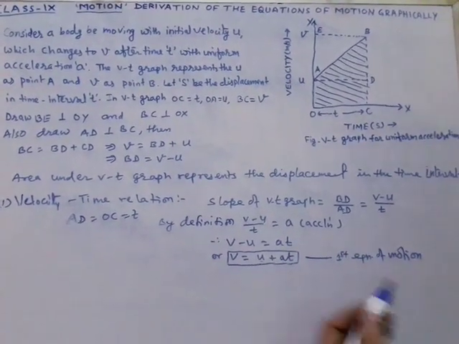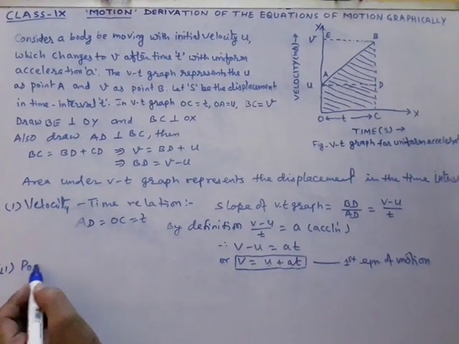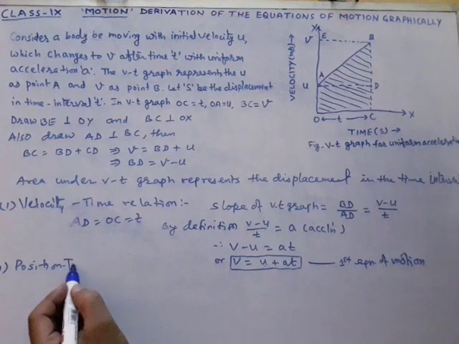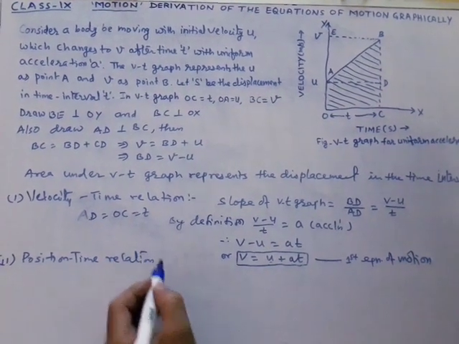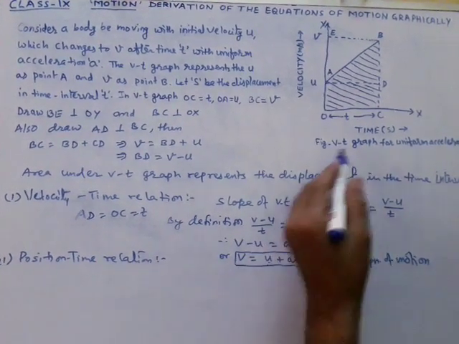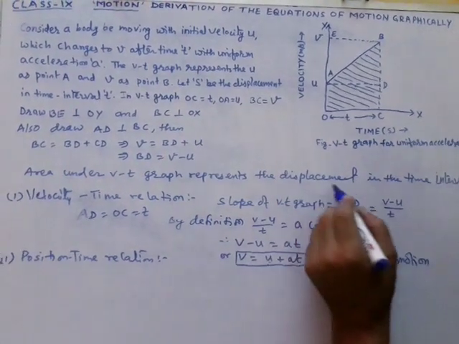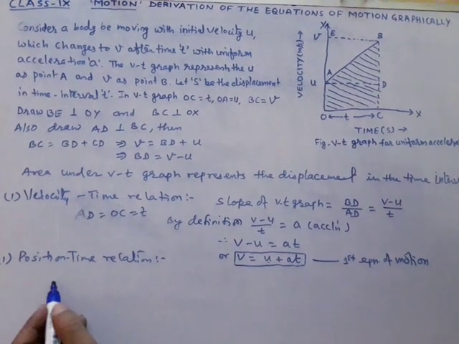Okay. Now next we are taking the position time relation. To derive the position time relation, we have to find the area under the Vt graph, and the area under the Vt graph gives us the displacement of the body in the given time interval.